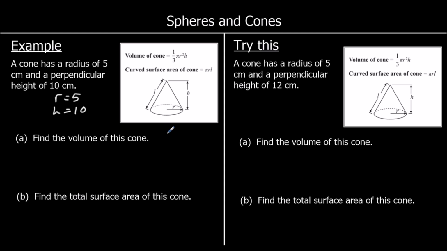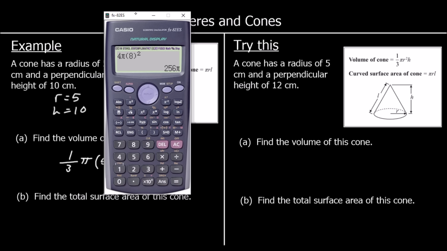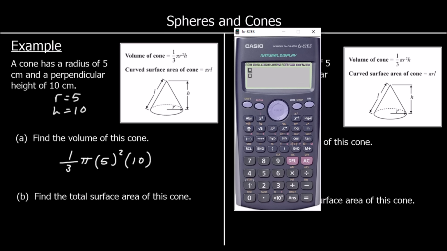Find the volume of the cone. That's going to be 1/3 pi times 5 squared times 10. So we can type this into the calculator exactly how it looks. So 1/3 pi times 5 squared times 10.